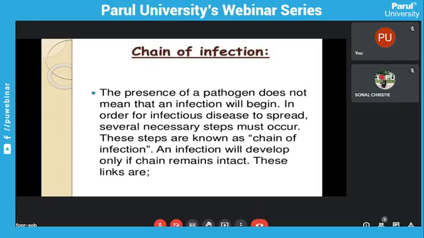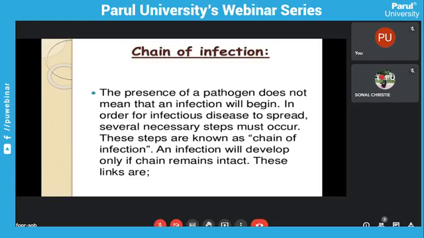Okay, for any kind of infectious disease to spread, it requires some necessary steps. Those steps are called the chain of infection. And infection will develop only if the chain remains intact. Okay, infection will develop only if the chain is not damaged or impaired.